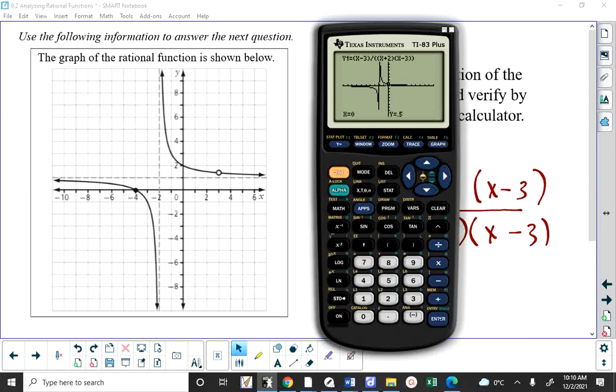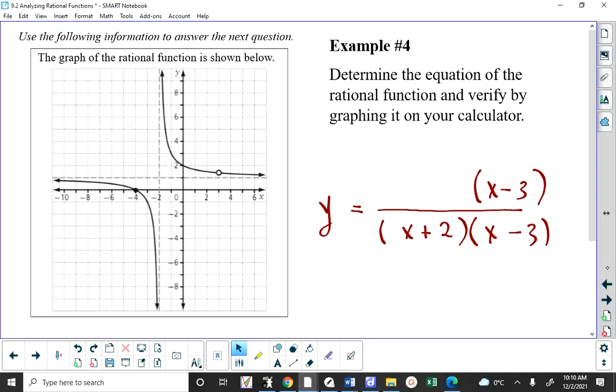You are not going to try to translate what's on your graphing calculator. You're going to use the final piece of the puzzle, which is that an x-intercept has to be represented by a factor in the numerator. If this graph crosses the x-axis at -4, then you need to have x plus 4 in the numerator.